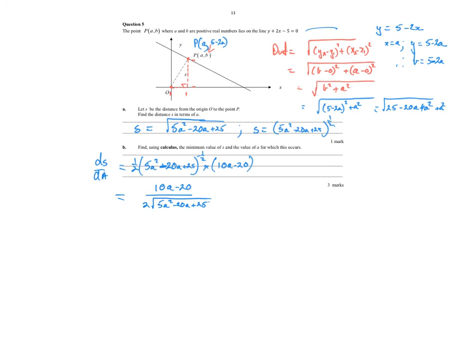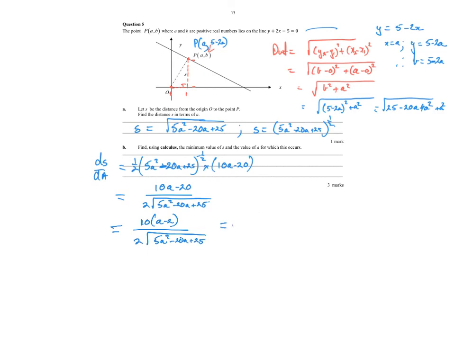Now I need to solve that equal to 0. If I take 10 out as a factor, I get 10 times (a minus 2) over 2 times the square root of 5a squared minus 20a plus 25.